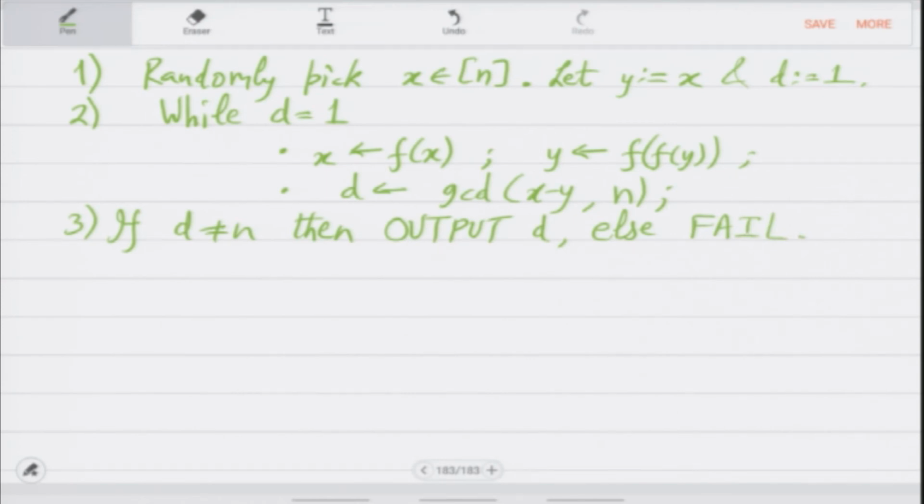Okay, that's the algorithm. So we'll make two assumptions and then analyze this.